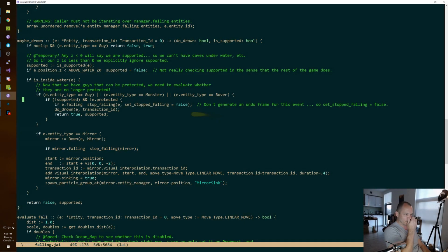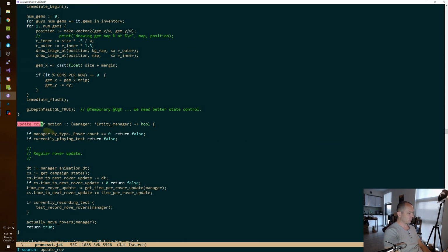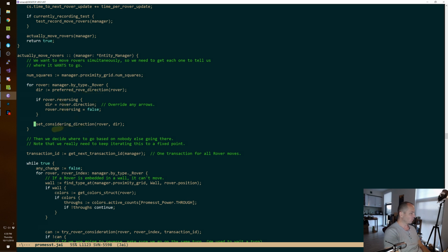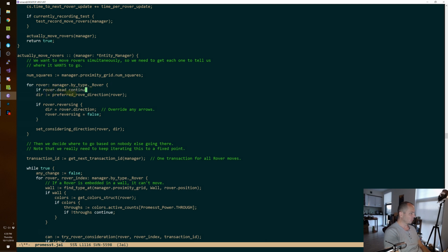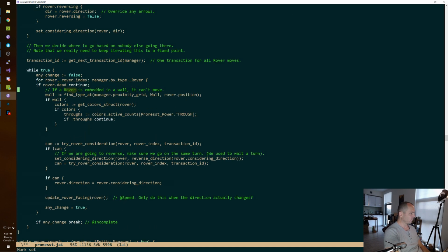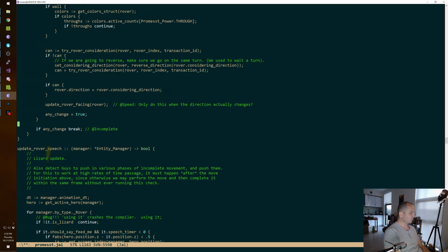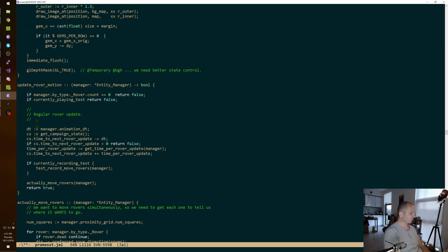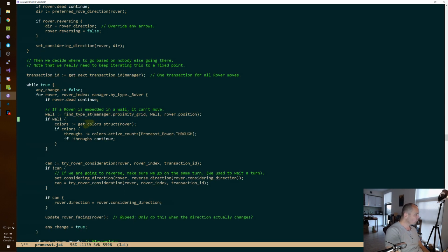All right. So to actually move the rovers, this is called actually move rovers, so where does it do the move?